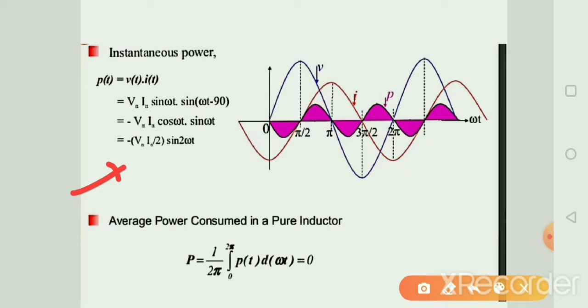If we calculate the average power, we get P equal to 1 over 2 pi integration from 0 to 2 pi of P dt into d omega t, equal to 0. So this is a perfectly sinusoidal quantity represented like this.